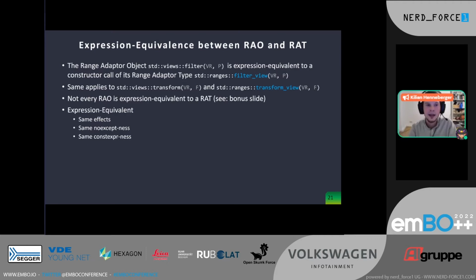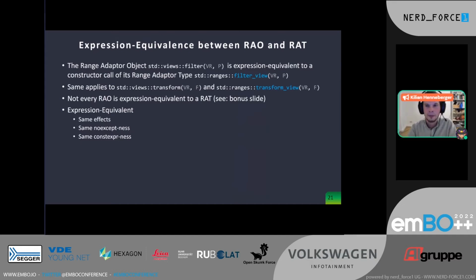And the same applies to transform and transform view. They're also expression equivalent. At the end of the talk, we'll see which range adapter objects are actually not expression equivalent to their range adapter type. Expression equivalence means that it's the same. It's completely interchangeable what you write there.